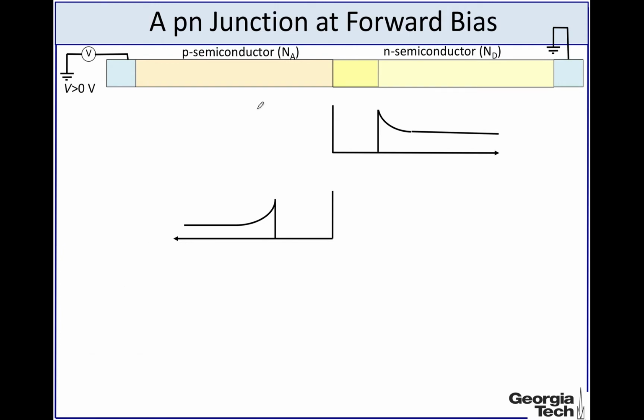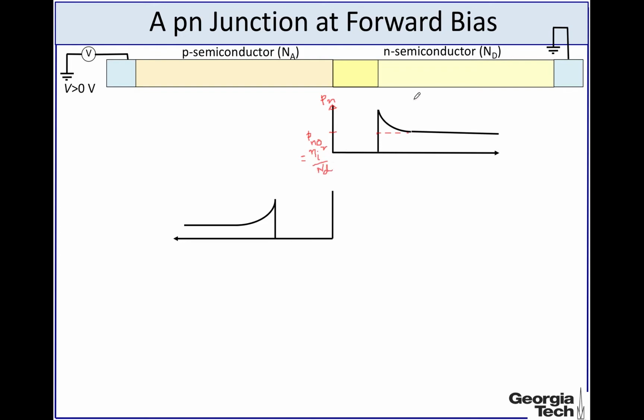As we have said, the p side will inject holes into the n side. So what we are plotting here is Pn, the hole density in the n-type semiconductor. Note that this is an n-type semiconductor, so holes are minority carriers. And this is Pn0, the equilibrium hole density of the n-type region, which is basically equal to ni squared over Nd.